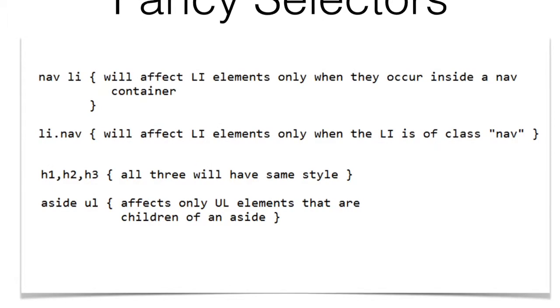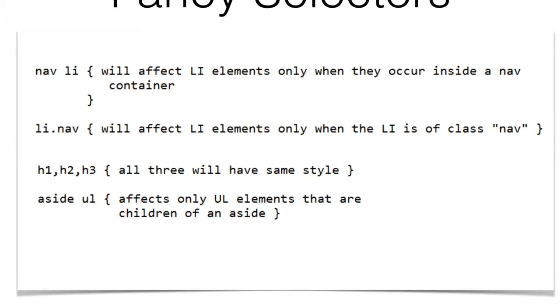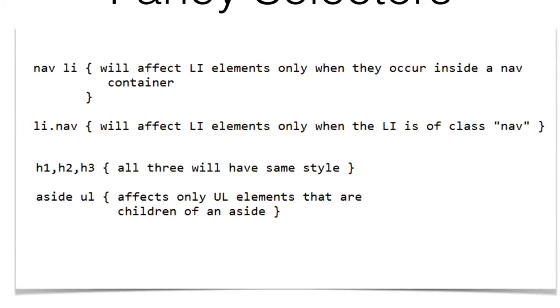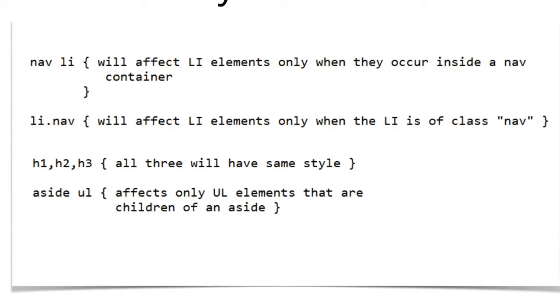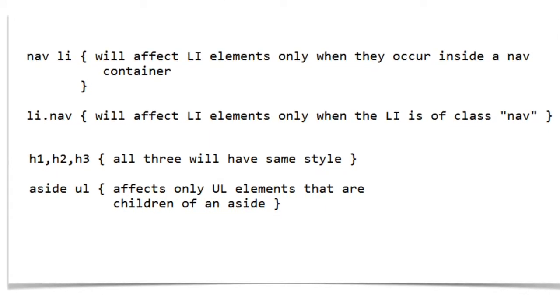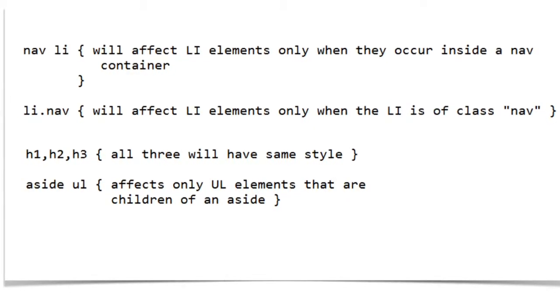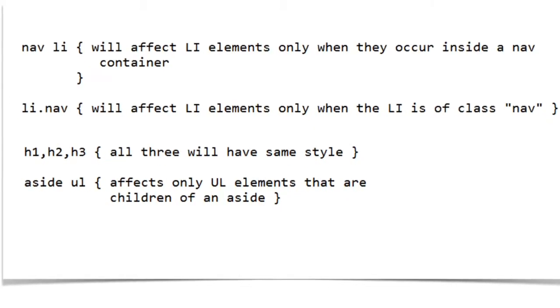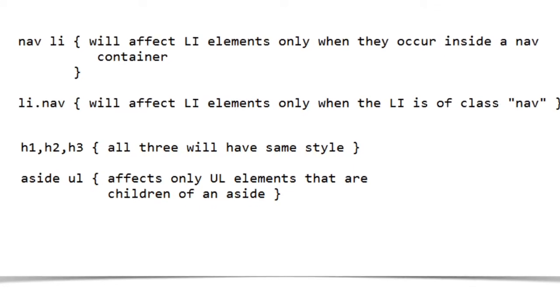On the other hand, if your rule should apply only to list item elements that are of class nav, the syntax would be li.nav. And if your rule should apply to multiple elements equally, you can use the comma as in h1, h2, h3, then that rule will be applied to all three.